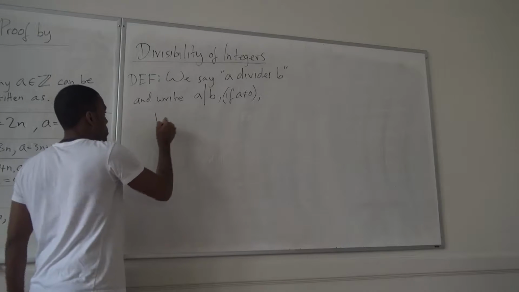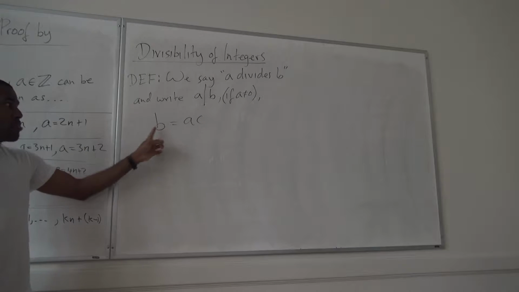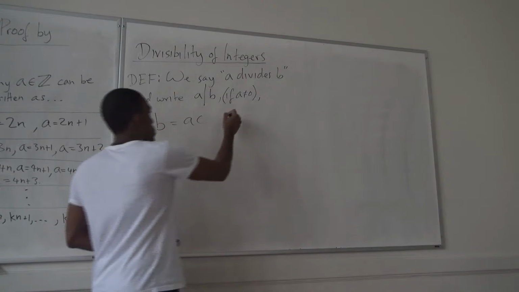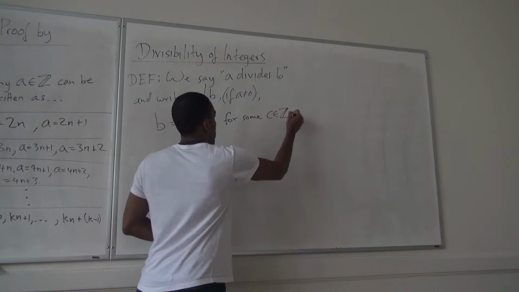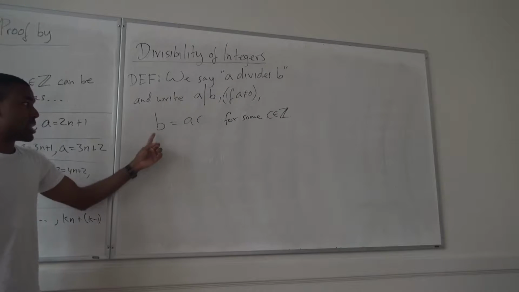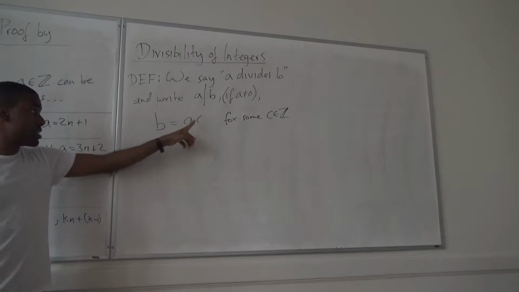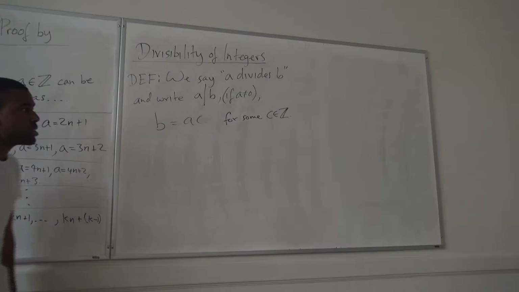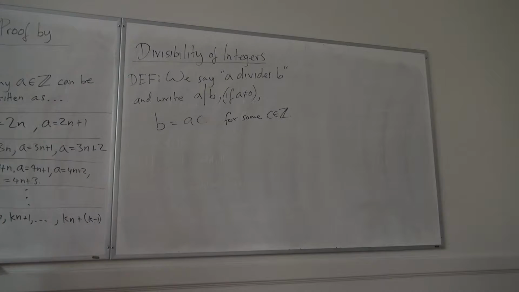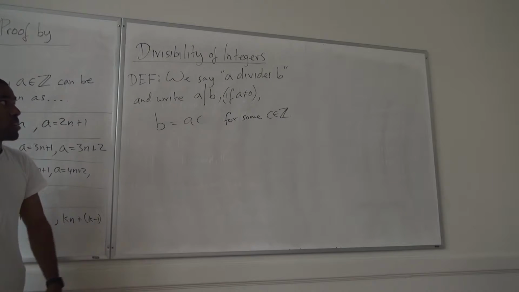So you have B is equal to A times C for some integer C. If I divide both sides by A, notice that the result is C, which is an integer. Once you divide an integer by another and the result is an integer, it means that one divided into it without a remainder, right? So this notation means exactly this by definition.